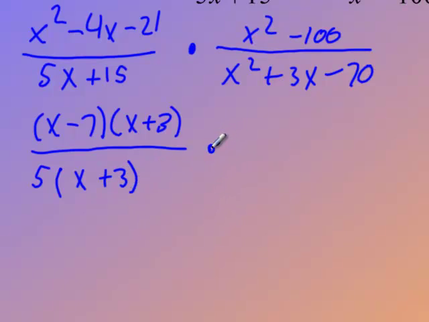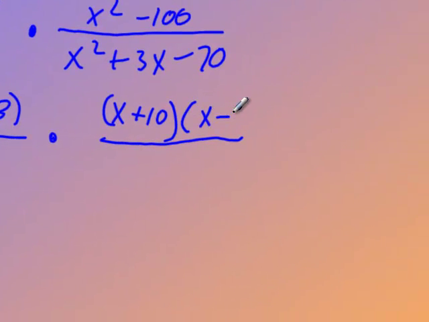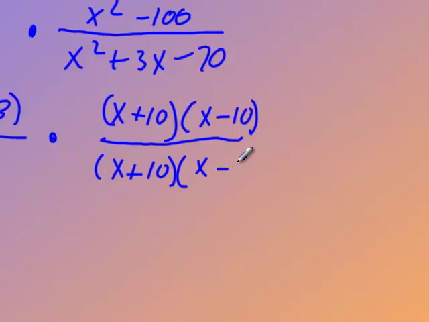And we have a difference of squares, so I have x plus 10 times x minus 10. And then down here I'm going to have x plus 10 times x minus 7. Oops, that's supposed to be a 7 with the parentheses, but my computer's messing up again.